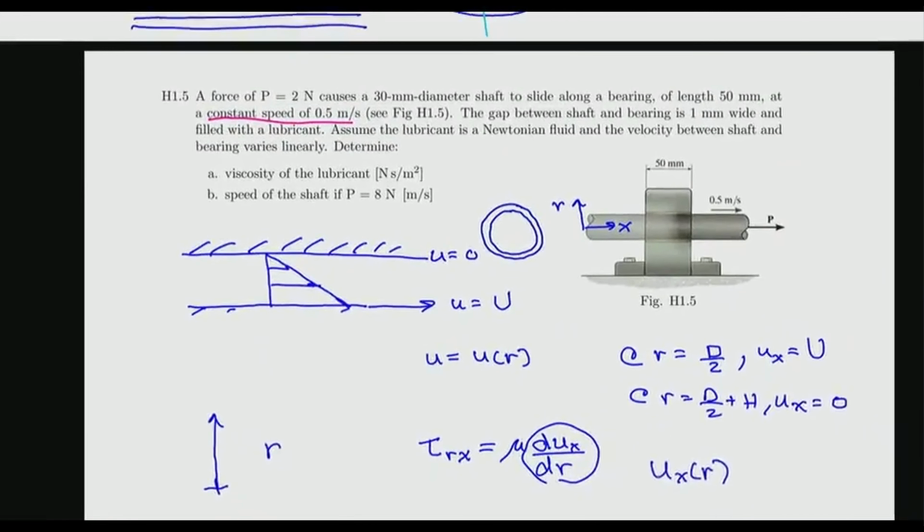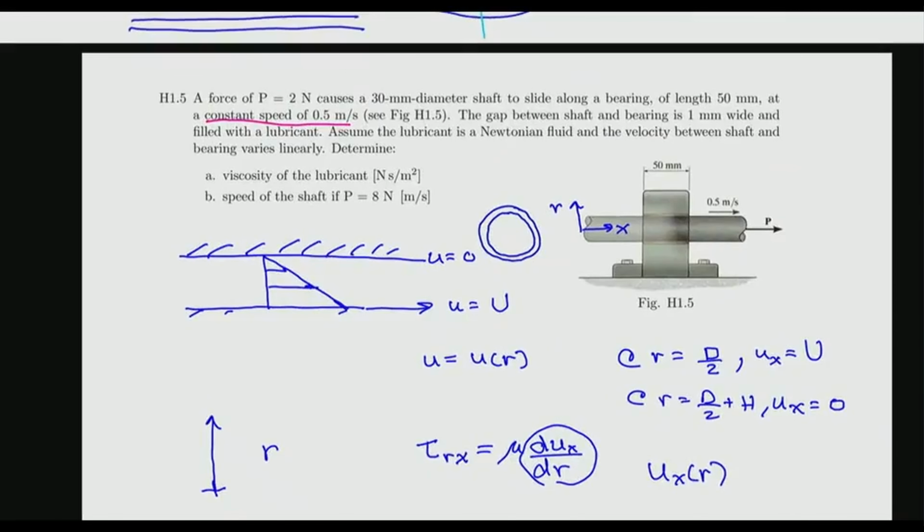So for this particular problem, when this shaft is pulled to the right and moving to the right, there's going to be a counteracting resistance force, a shear force due to the lubricant acting on this surface of the shaft to the left.